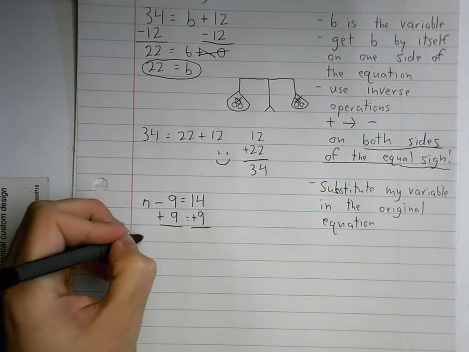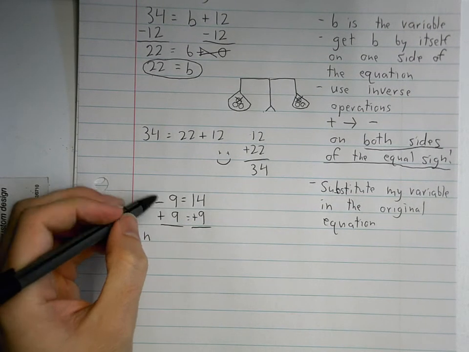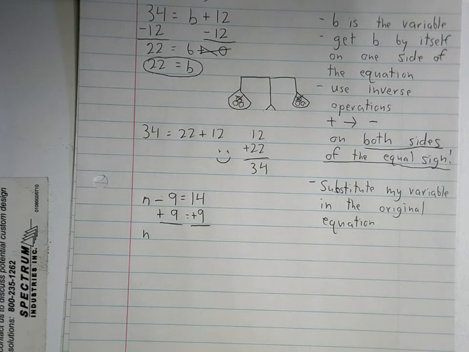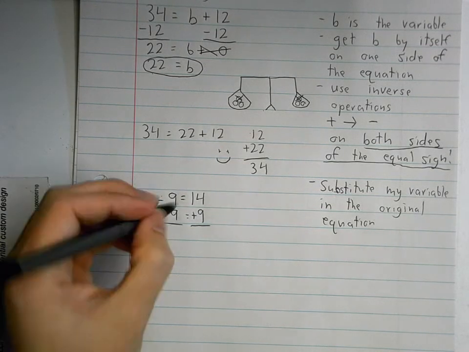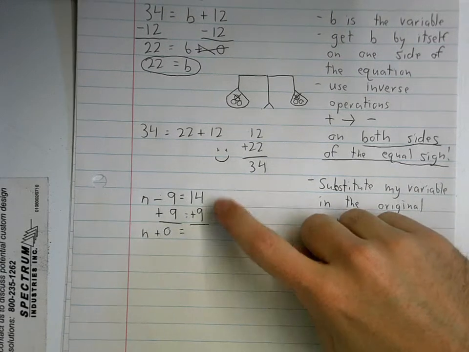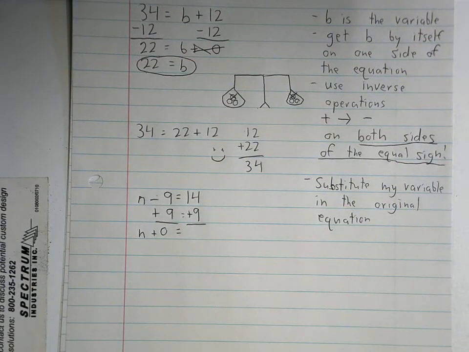So my n comes down here, and negative 9 and positive 9, remember, if they're opposites, that just equals 0, doesn't it? So plus 0 equals, what's 14 plus 9? Andre, what's 14 plus 9? Takes us back to about 1st or 2nd grade. 23. 23, yeah.